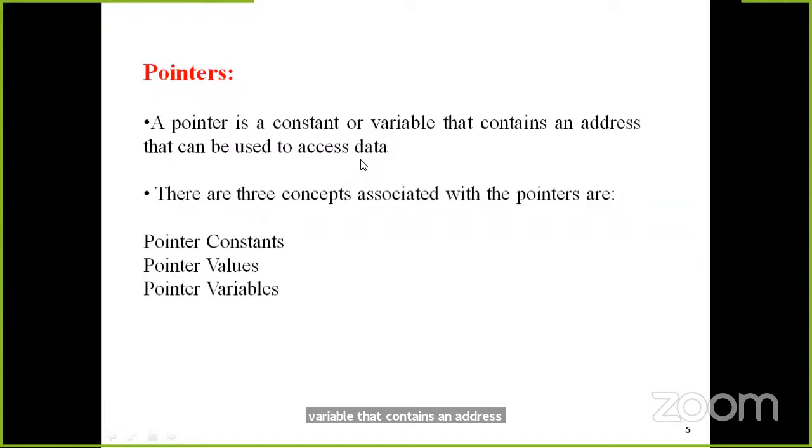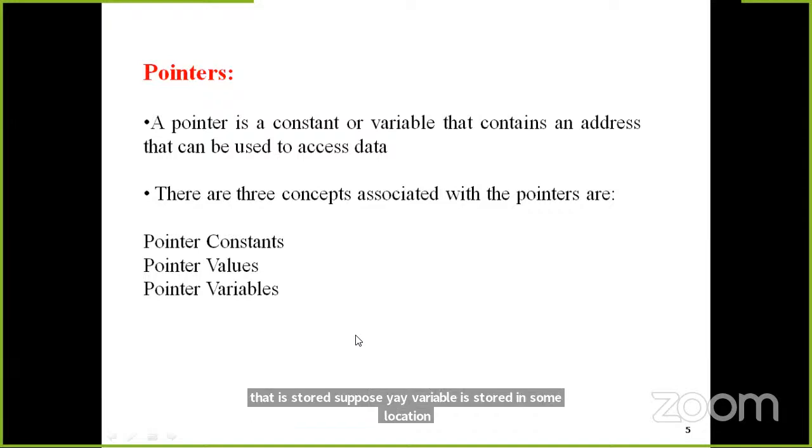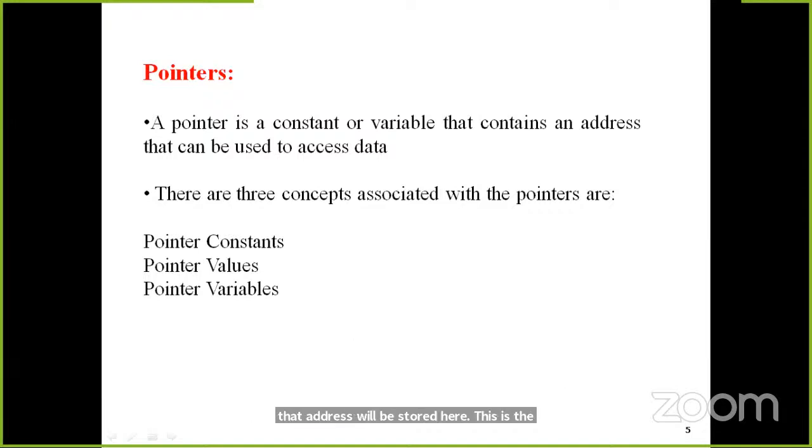Pointer will store the address of the data that is stored. Suppose a variable is stored in some location, that address will be stored here. This is the advantage of the pointers.